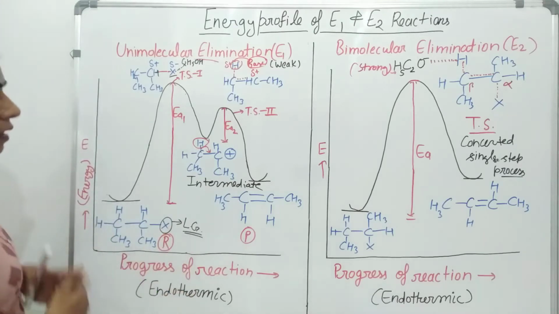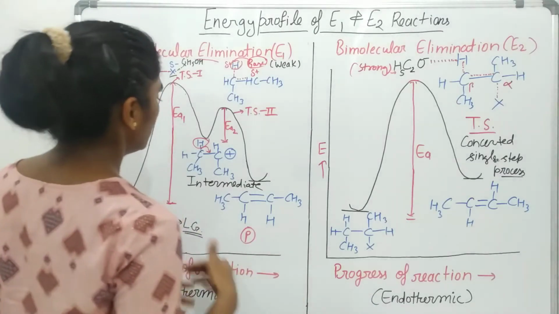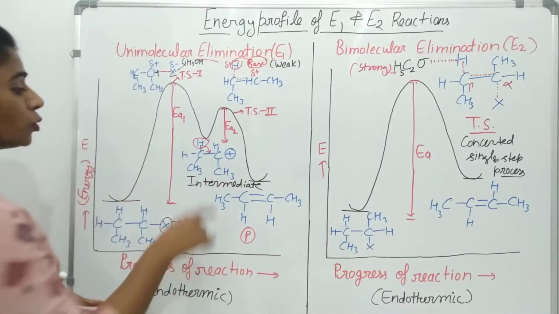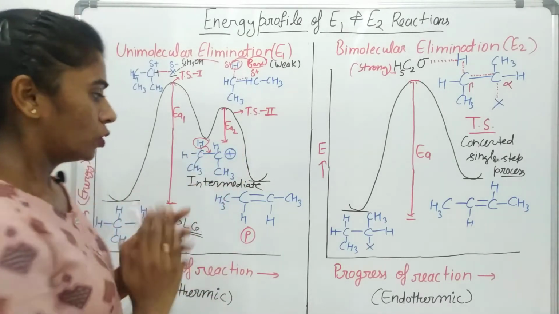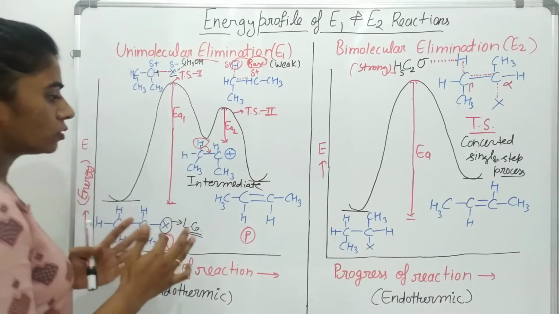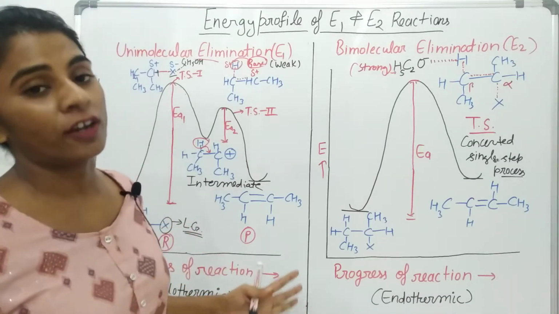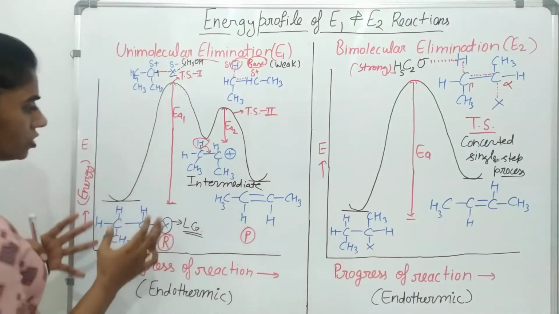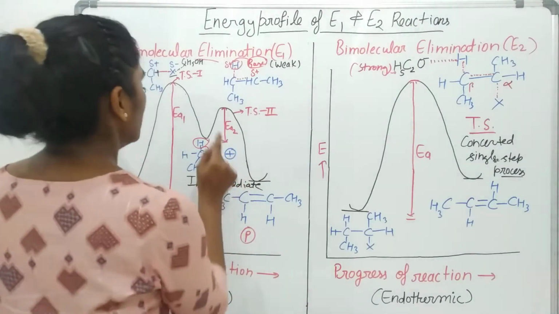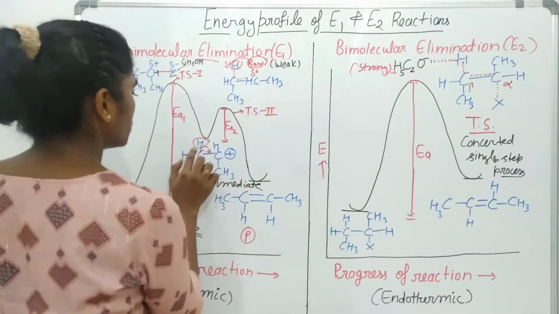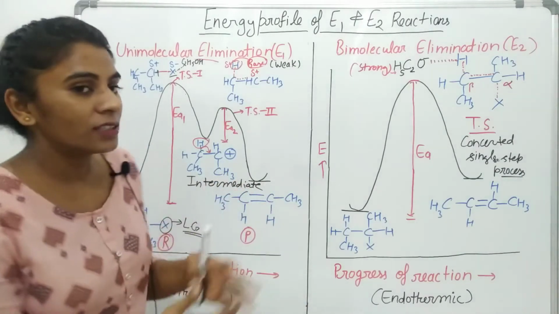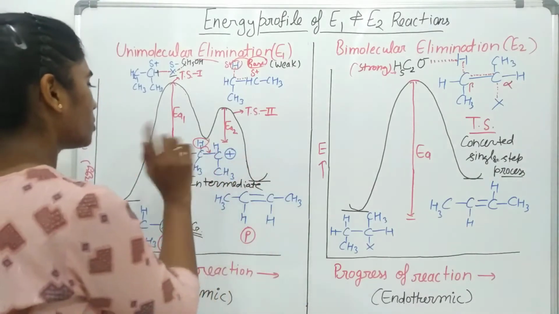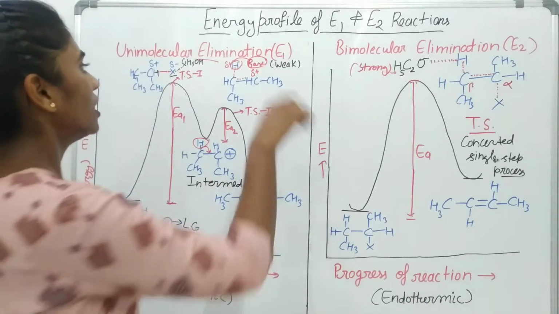Okay, so next what is going to happen? In the next step, you know that charged species are not that stable, so they want to get converted into the product. So what are these charged species going to do? Here on this carbon, hydrogen is present. Suppose a weaker base is coming towards this carbon to attract the hydrogen.